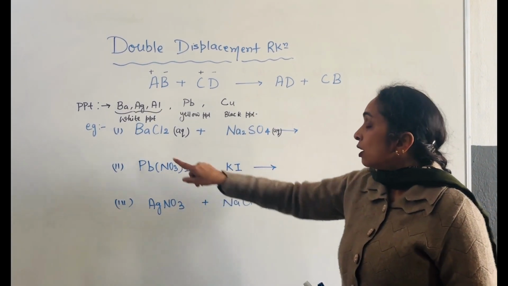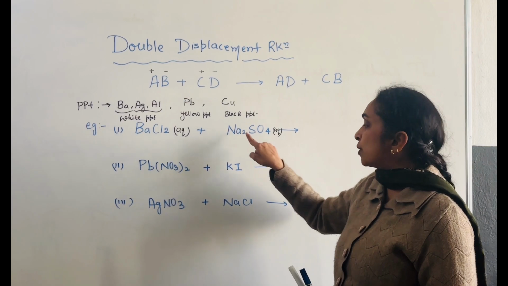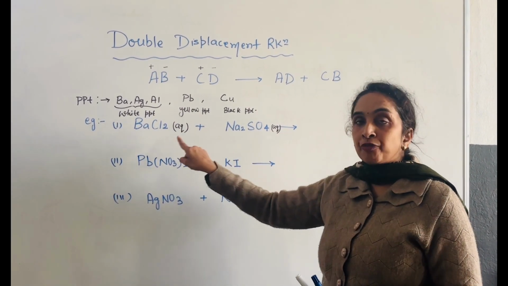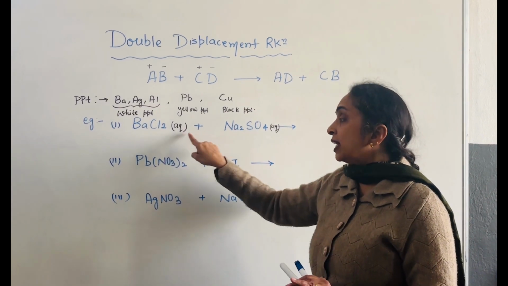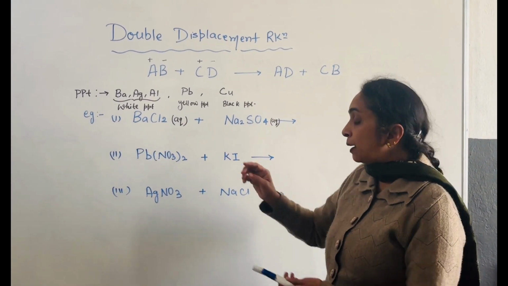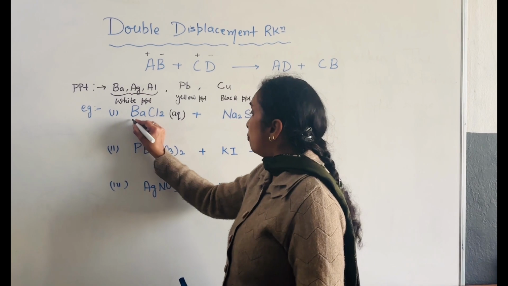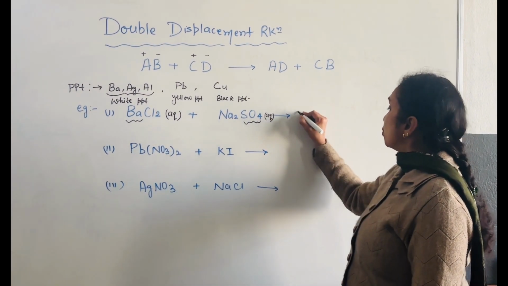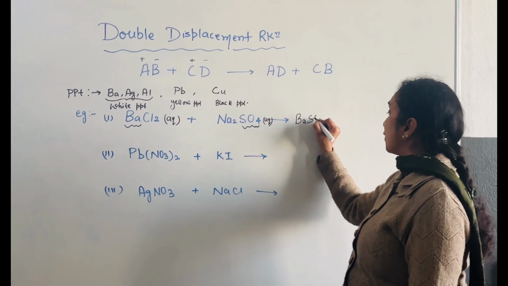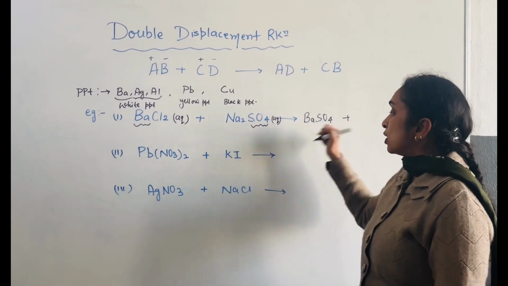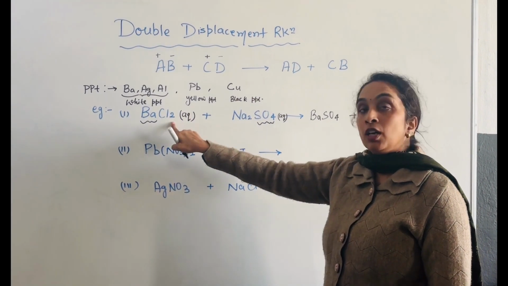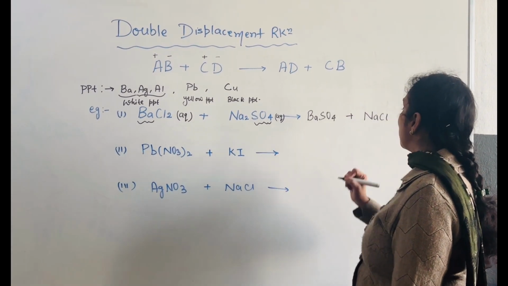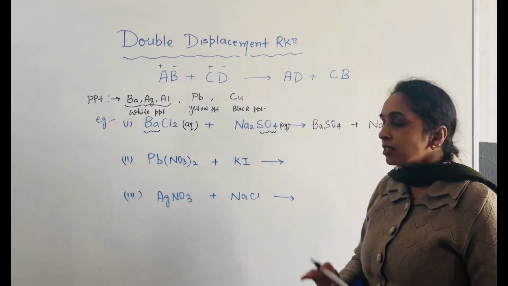So first of all, when barium chloride reacts with sodium sulfate, both are in the form of their solution. So here we have to write aqueous and we have to exchange their ions. Barium combines with sulfate to form barium sulfate, and sodium combines with chlorine to form sodium chloride, and we have to balance it.